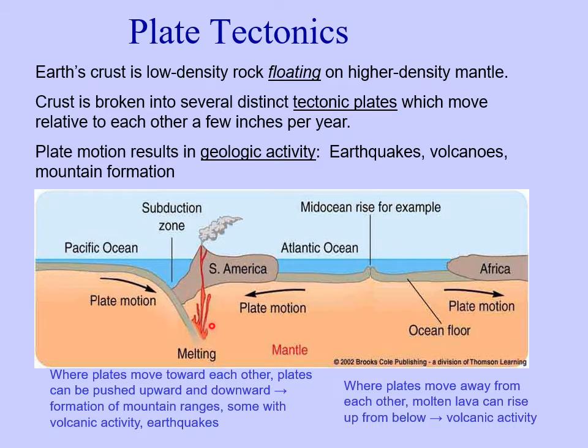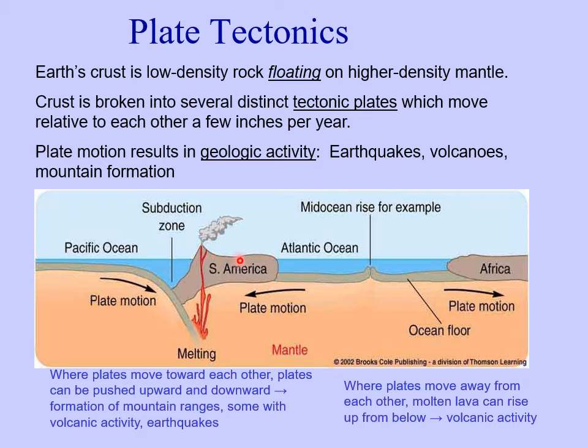There's friction and melting underneath the Earth's crust in the mantle, and that can lead to volcanic activity, and also these places where the plates are pushed up create mountain ranges. So the plate motion results in geologic activity, which includes earthquakes, volcanoes, and mountain formation.